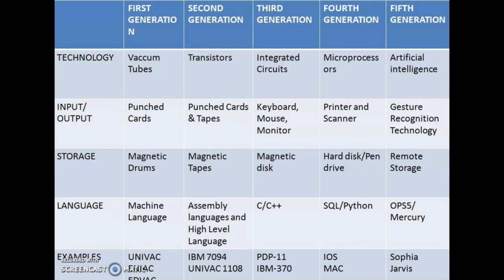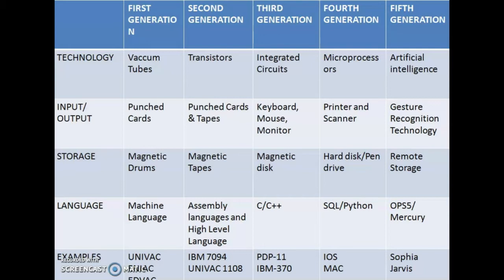Here, look, a table is given. Depending upon the technology, input-output devices, storage devices, and language, these are all different. So let's see the first generation computers. Computers that were developed during the period of 1946 to 1959 are called first generation computers, and they use vacuum tubes to control and amplify the signals.